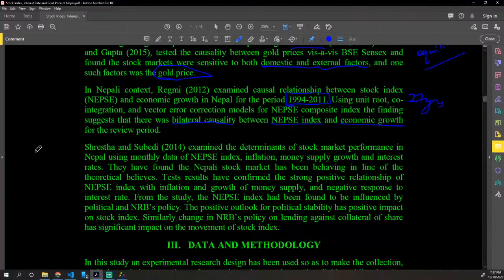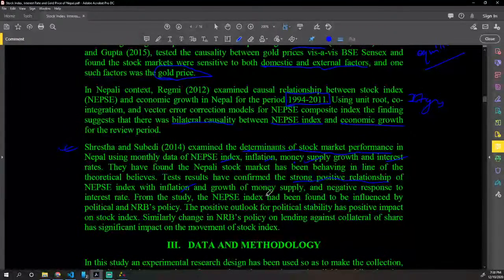For the review period, Shrestha and Subedi examined the determinants of stock prices and stock market performance in Nepal using monthly data, and found a positive response to growth of money supply and a negative response to interest rate. From the study, the NEPSE index had been found to be influenced by political factors and NRB policy.